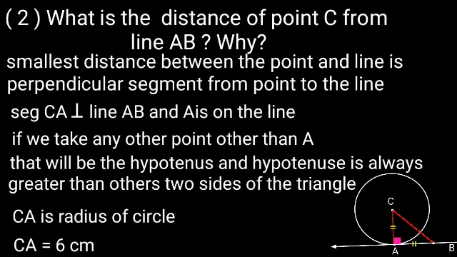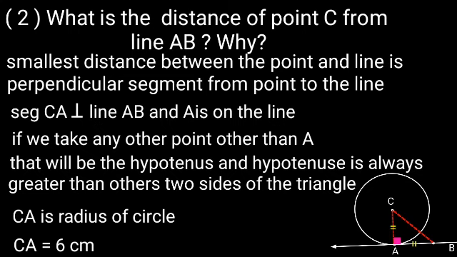Second sub question, what is the distance of point C from the line AB? The smallest distance between a point and a line is the perpendicular segment from the point to the line. Segment CA is perpendicular to line AB and A is on the line.